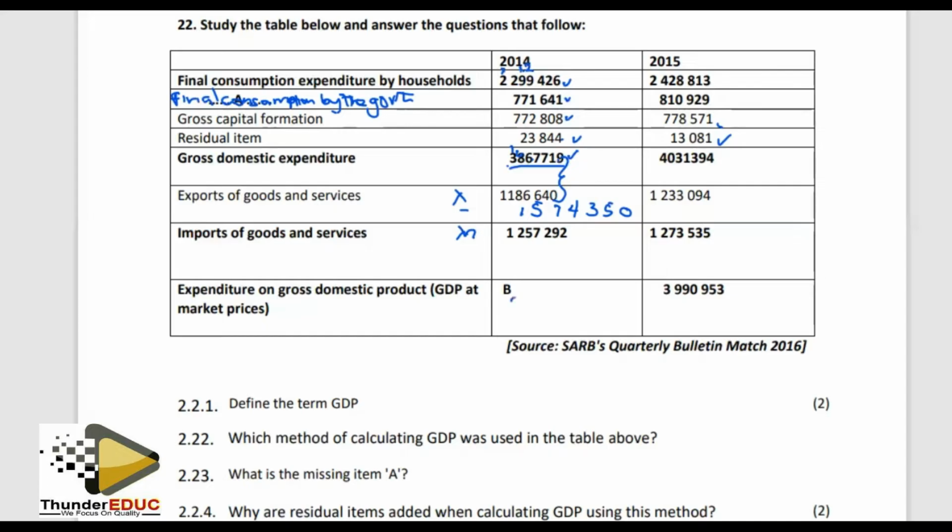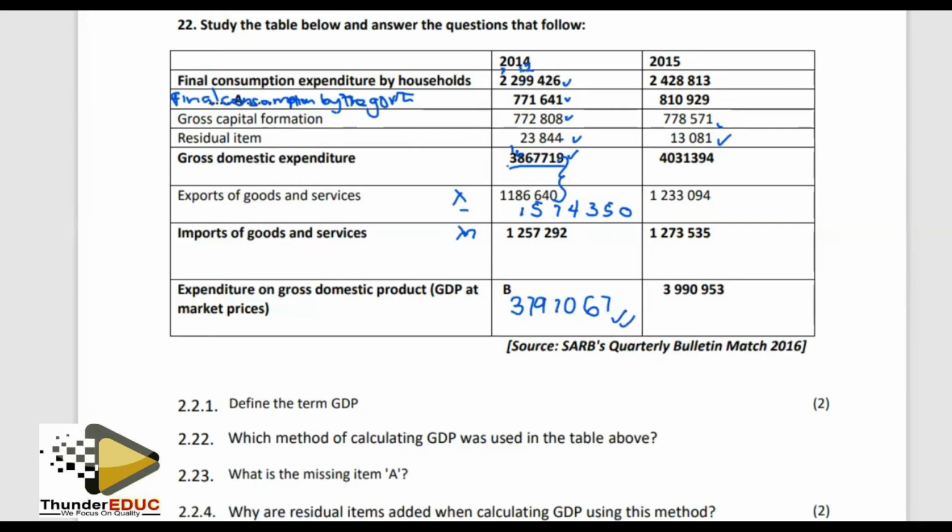That will be 3, 7, this will be 9, this is 7, 0, 6, 7. This is our answer.